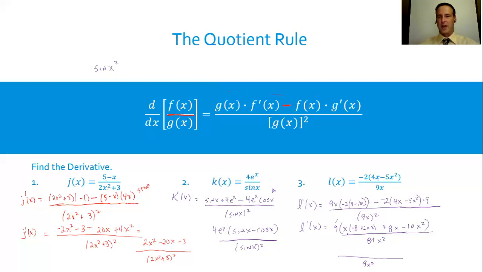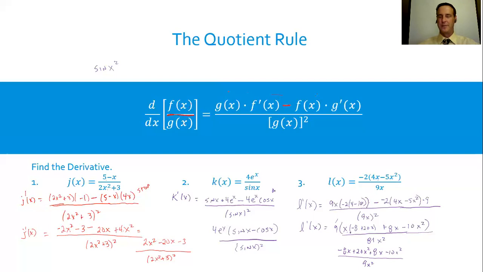Don't cheer. Okay, distribute your x through. And distribute this x through. That gives you 20x squared. And this is an 8x. And a minus 10x squared.